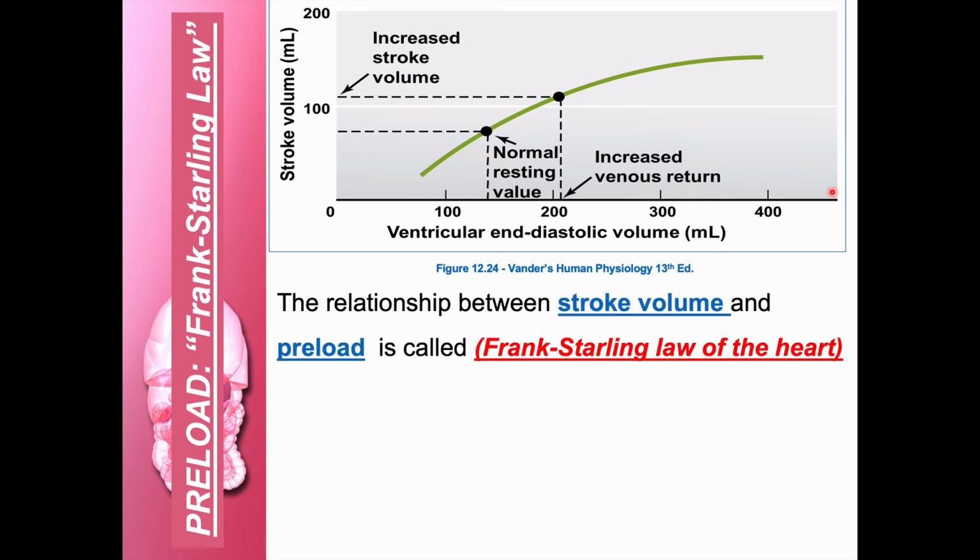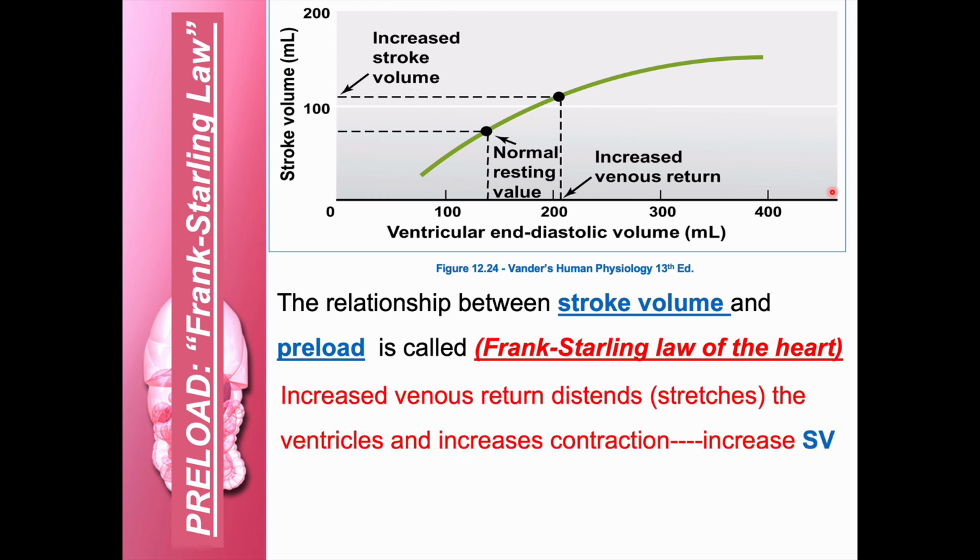The relationship between stroke volume and preload is called the Frank-Starling law of the heart. You can get small multiple choice questions about the Frank-Starling law of the heart.